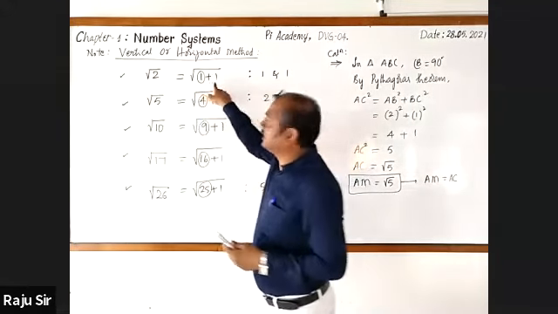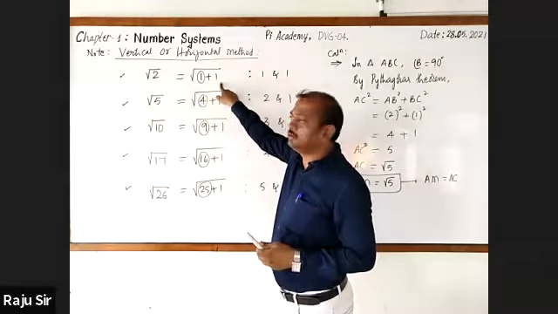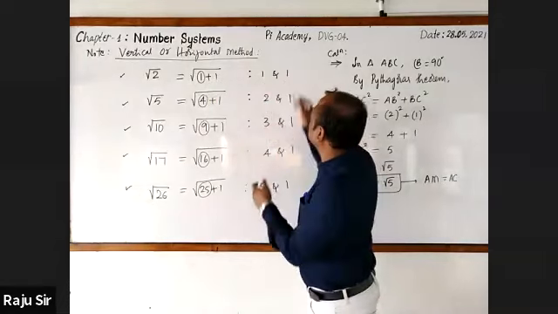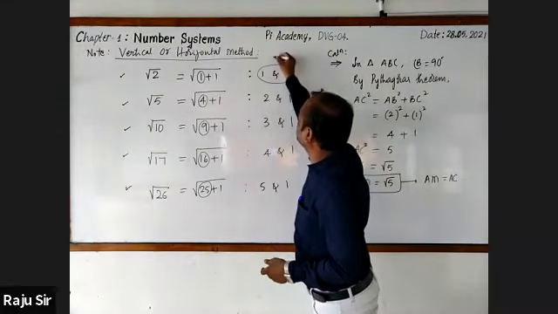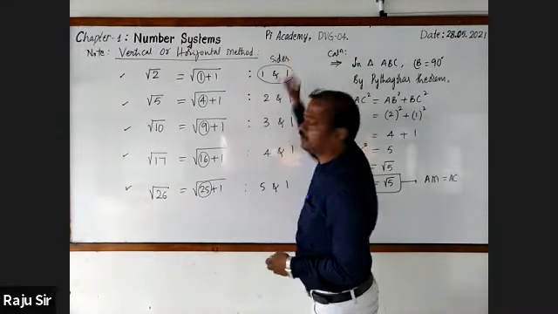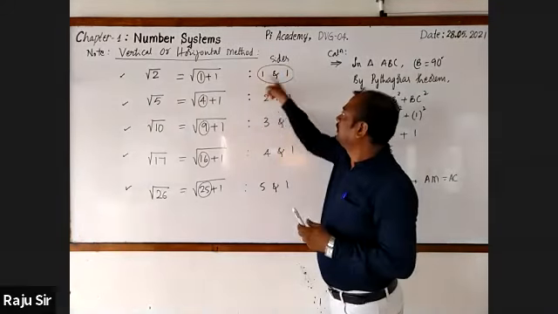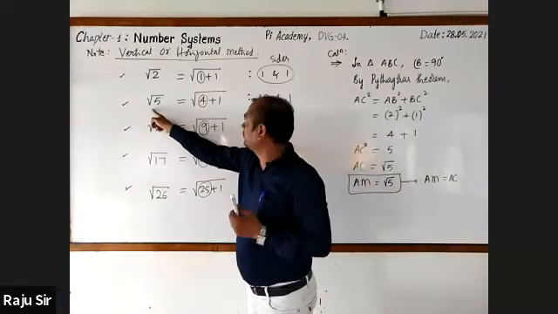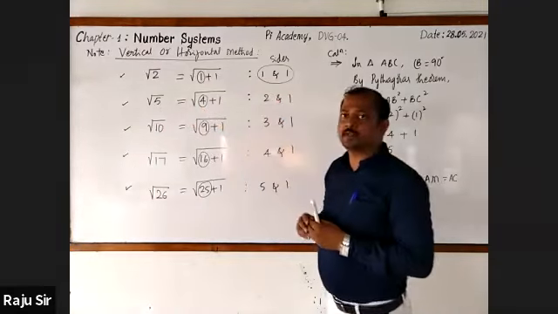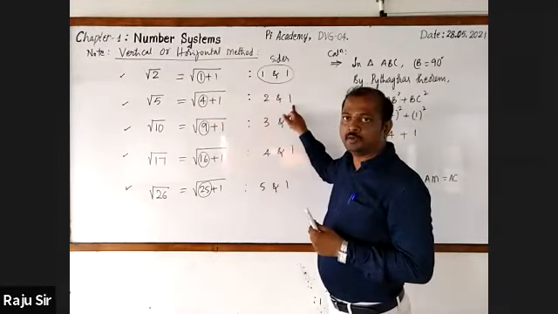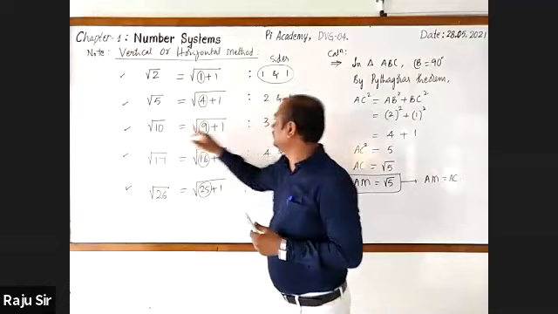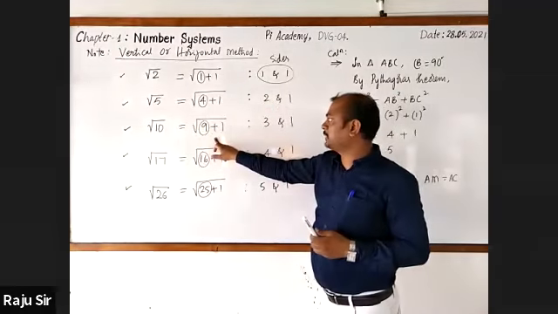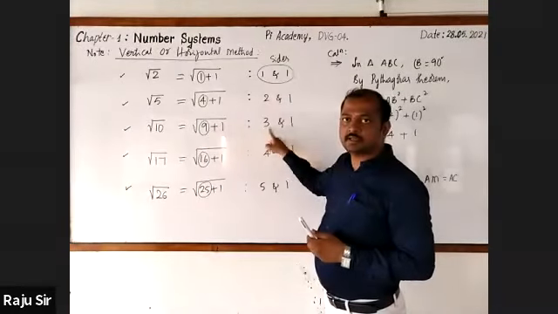Root 2 is written as square root of 1 plus 1. And these are the sides. Please do remember, these are sides of a right triangle. Next, root 5, square root of 4 plus 1, 2 and 1. Root 10, square root of 9 plus 1, the sides are 3 and 1.